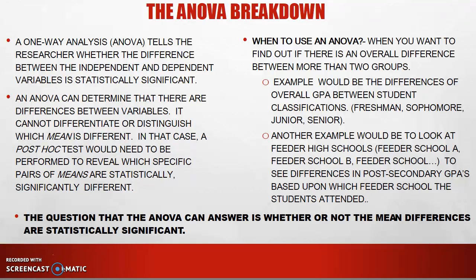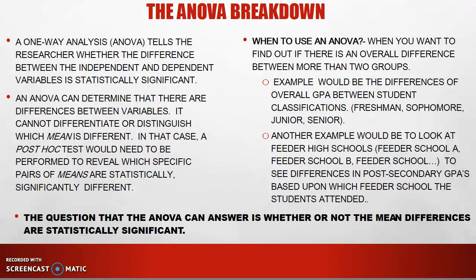A one-way ANOVA tells the researcher whether the difference between the independent variables is statistically significant. Now, it can tell you that there are differences between variables, but it cannot differentiate or distinguish which mean is different. To determine that, you would have to perform a post hoc test. You would use an ANOVA when you want to find out if there is an overall difference between more than two groups.